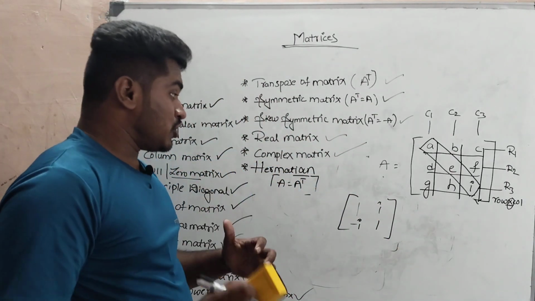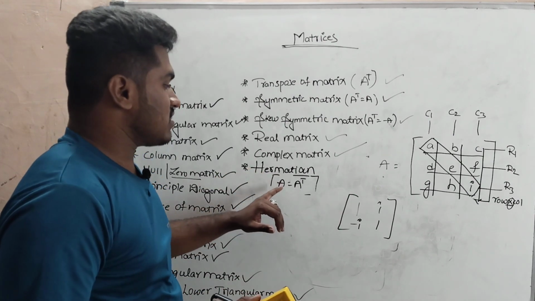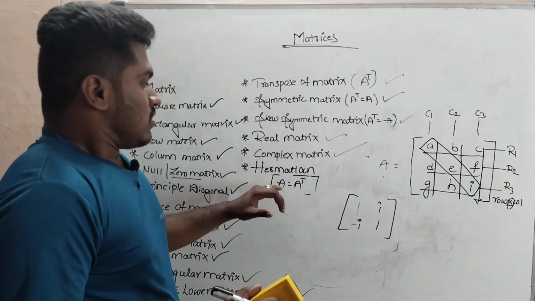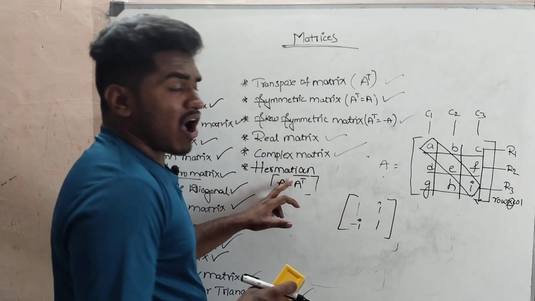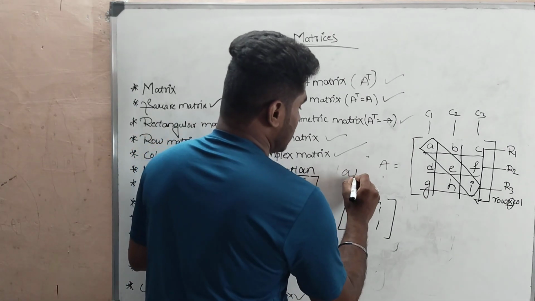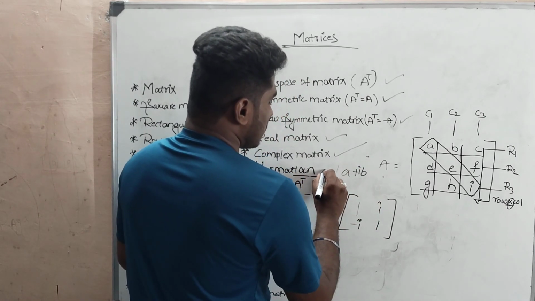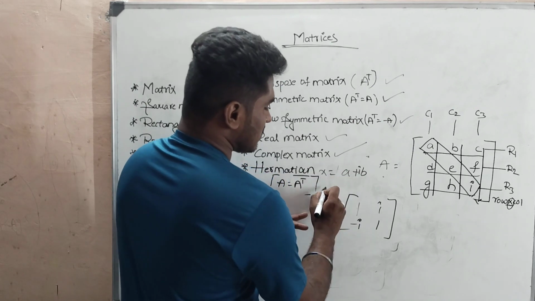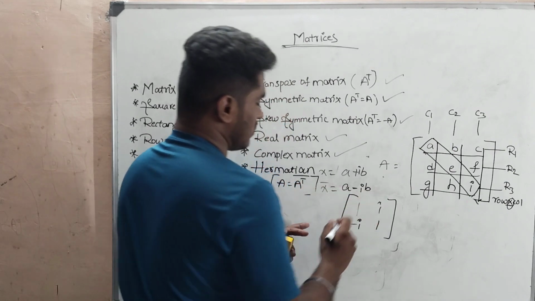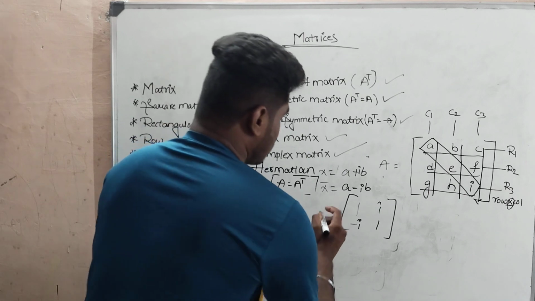The matrix is said to be a Hermitian matrix whenever it satisfies the condition A equals A transpose whole bar. Okay, so the bar is nothing but the conjugate of that particular element. So if x equals a plus ib, in that sense x bar is a minus ib. Okay, likewise.